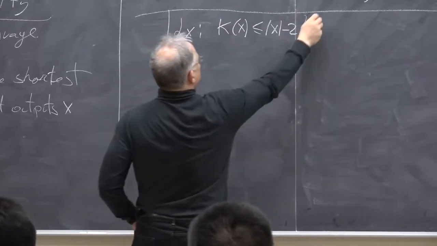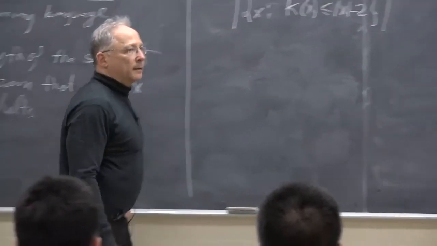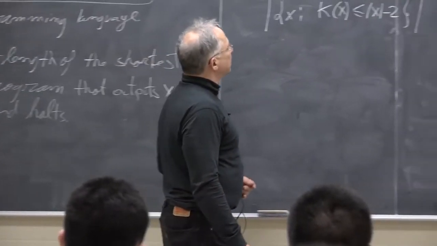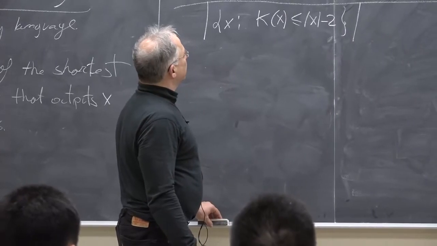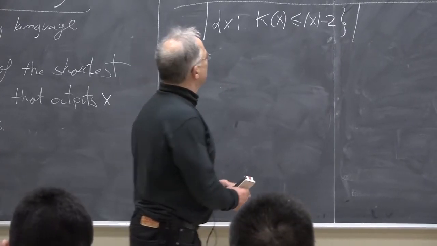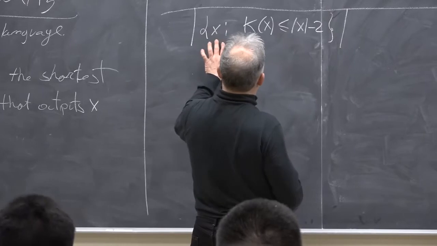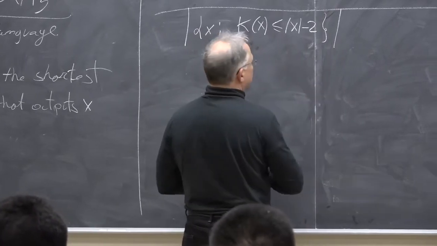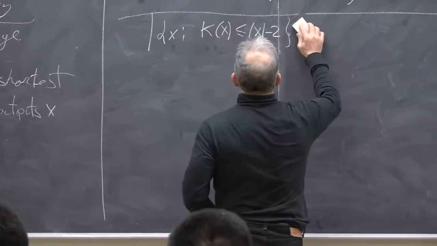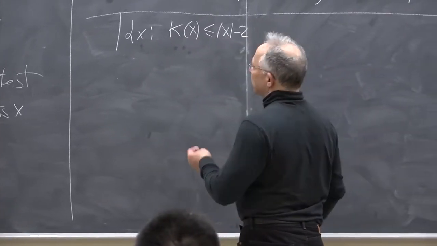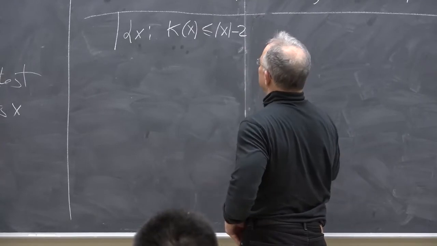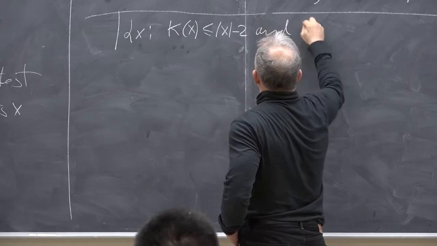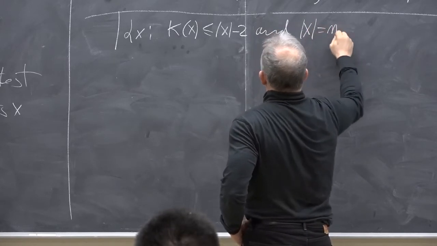let us fix the length. So the set of all x such that K of x is at most the length of x minus 2, and the length of x is n.